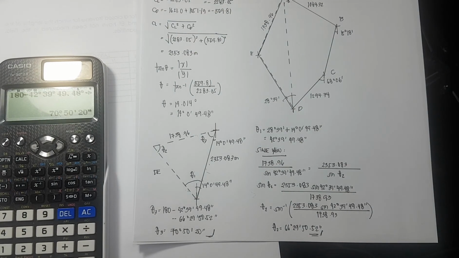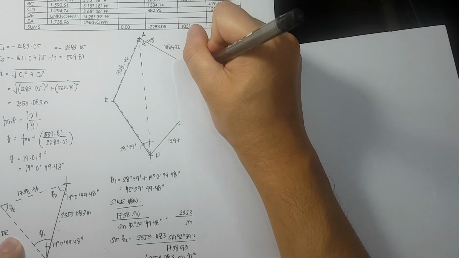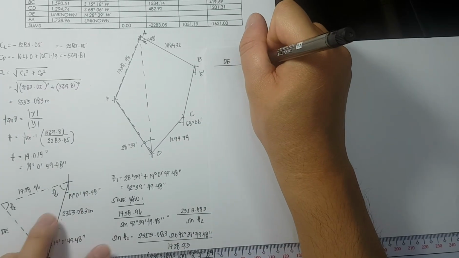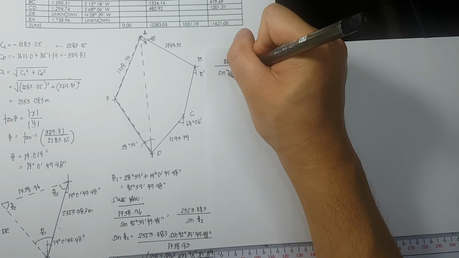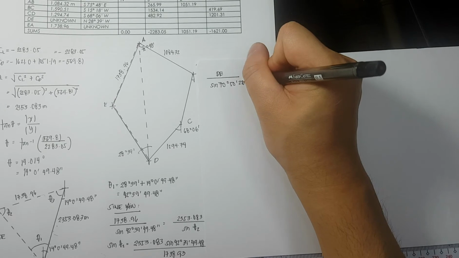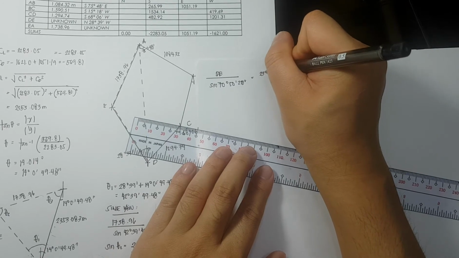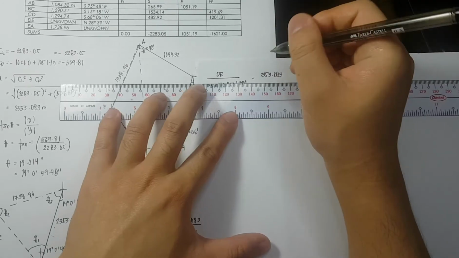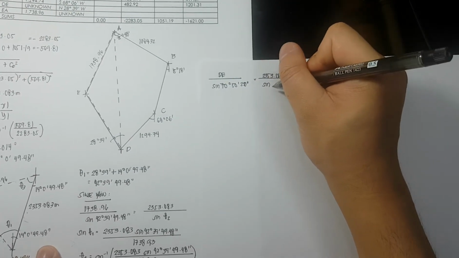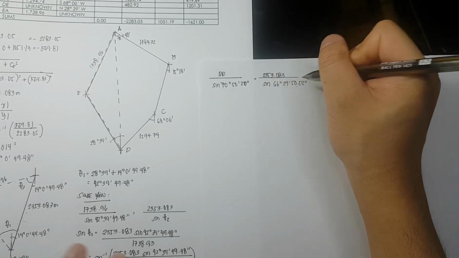Okay? We can now solve for DE, again using sine law. DE divided by sine of its opposite angle theta 3, sine 70 degrees 50 minutes 20 seconds, is equivalent to 2353.083 divided by sine of theta 2, and theta 2 is 66 degrees 29 minutes 50.52 seconds.